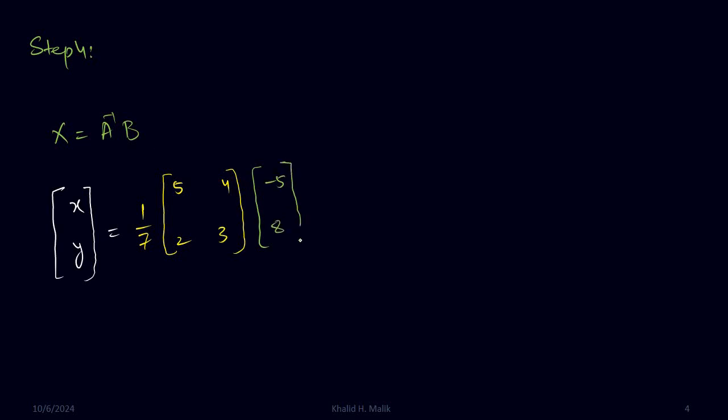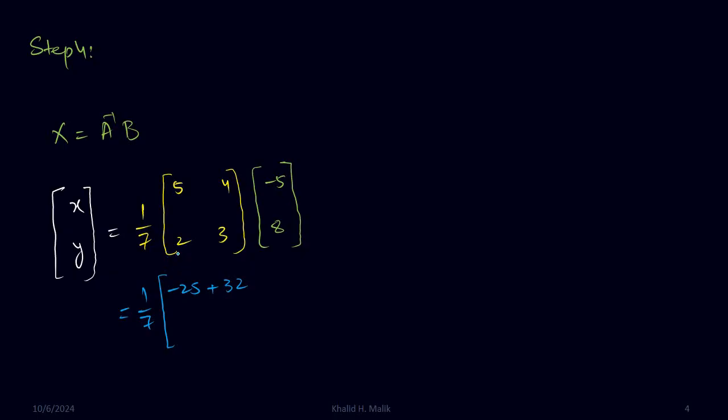So what we have to do in this final step is multiply these two matrices. We can write 1 over 7 as it is for the time being, and we have to multiply these two matrices. For example, how we can perform matrix multiplication here: we have to multiply the first row with this column, and here is 5, 5 times minus 5 becomes minus 25, and 4 times 8 becomes 32.